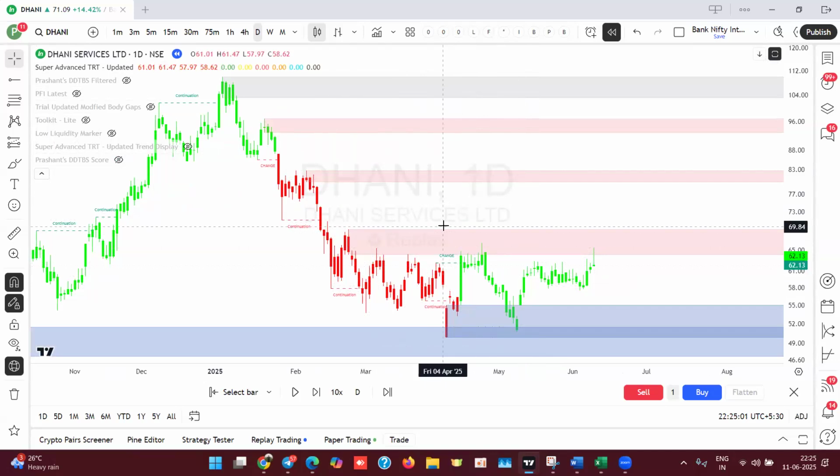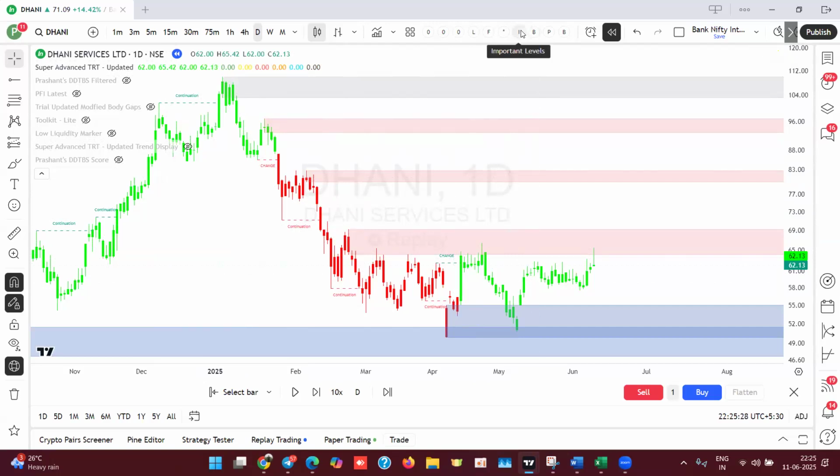But 11 days are enough because I run this screener every weekend and I check which are the stocks which are green, and I have my previous green list also of last week. So even if I keep it to 6 days, it will be adequate for me. But to check last 2 weeks, I keep it to 11 candles. How many candles have turned green or how many charts have turned green?